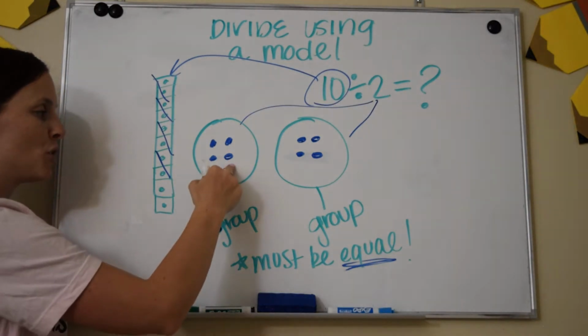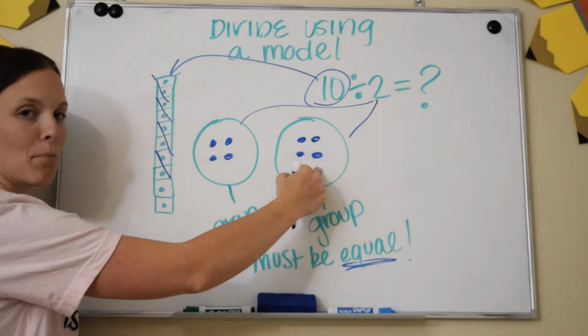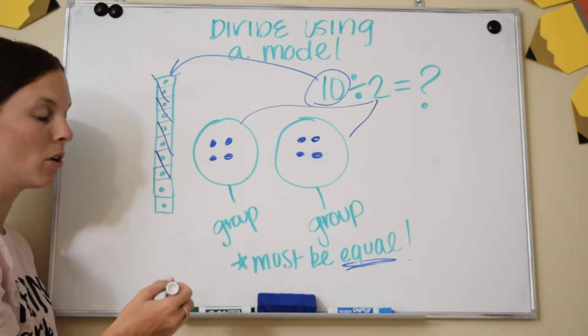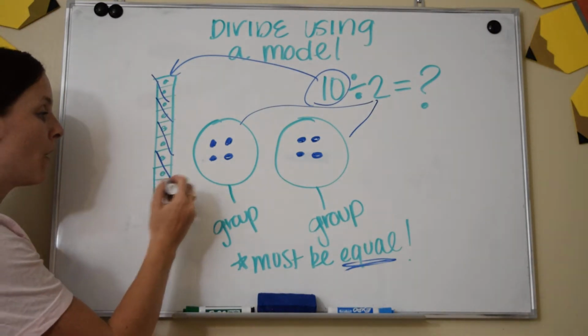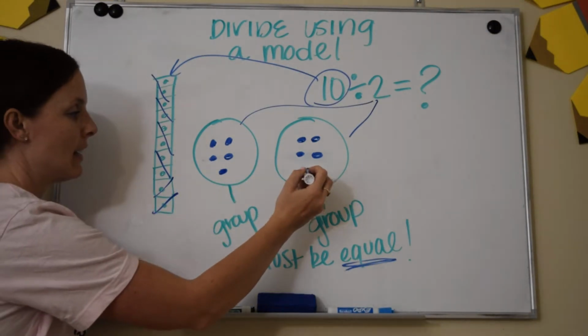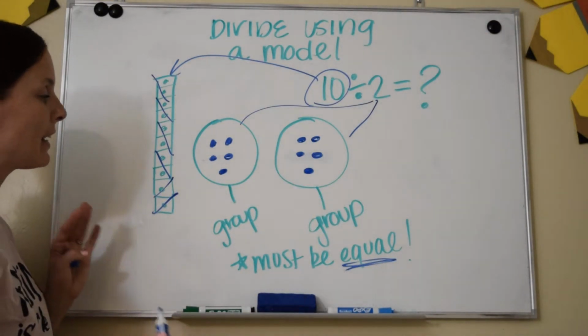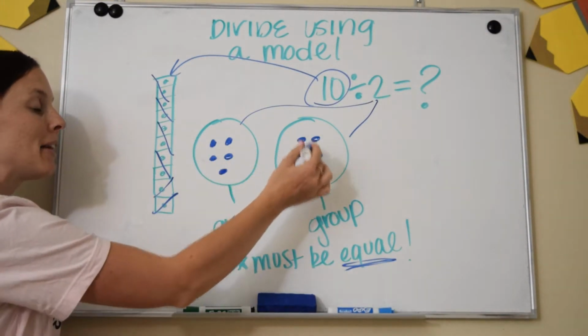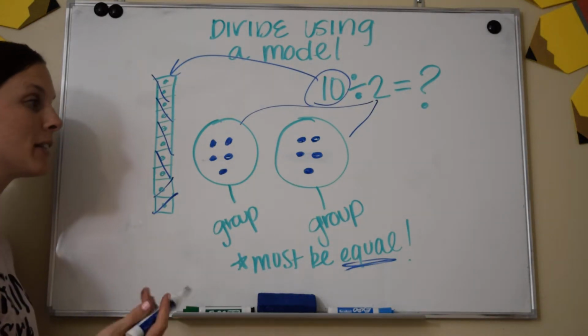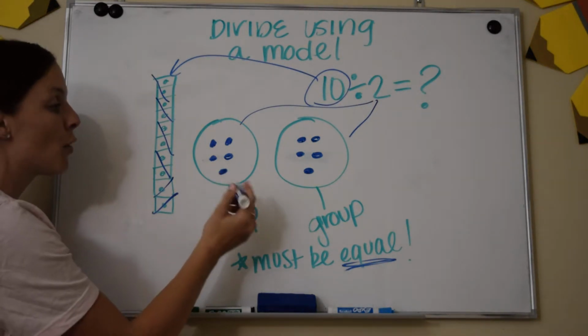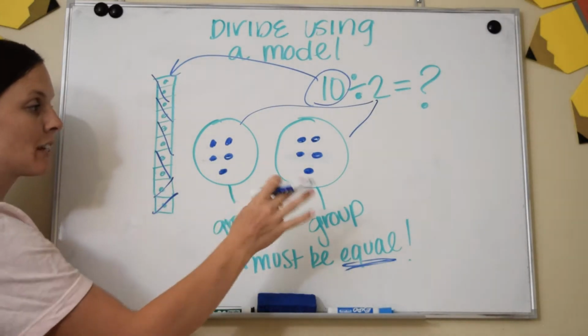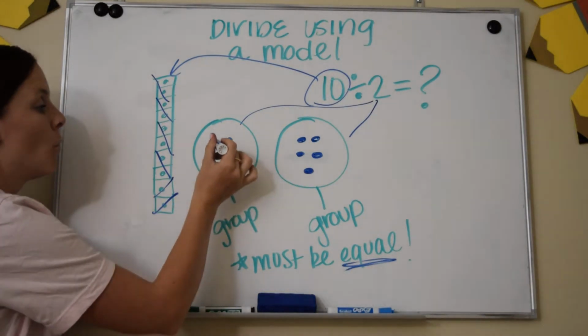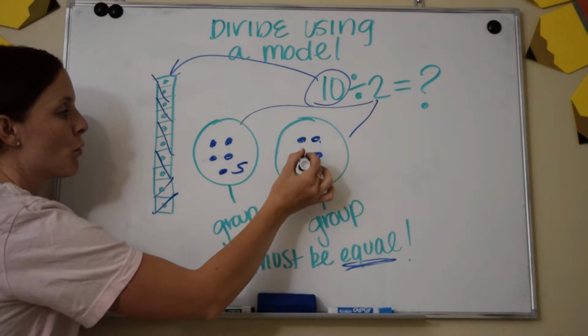Well, I can't put 2 here and then not put any here because it has to be equal. So you should only put 1 here and 1 here. Now, those went in equally. How do I know? Count how many dots you have in each of your groups. If it's equal, you did it right. Otherwise, you need to recount and see if you have a remainder. 1, 2, 3, 4, 5. 1, 2, 3, 4, 5.